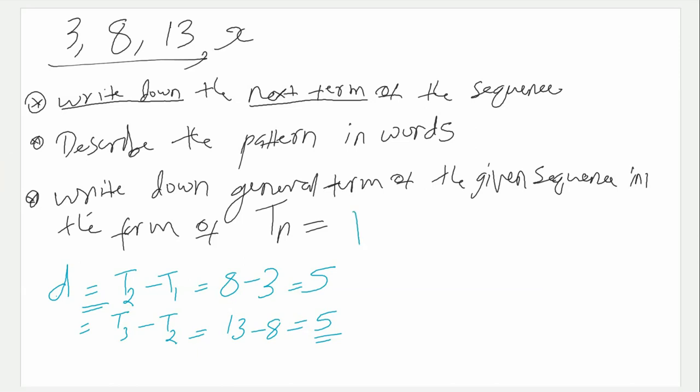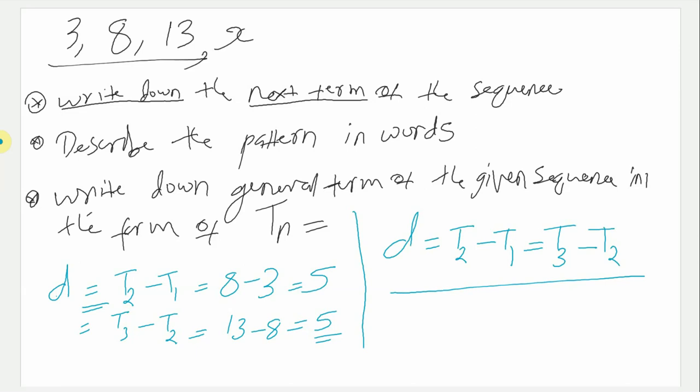Usually the constant difference is written in this way: t2 minus t1 is equal to t3 minus t2. This is to confirm that our difference is constant, it's the same, it's not changing.